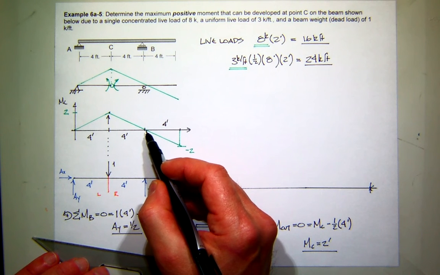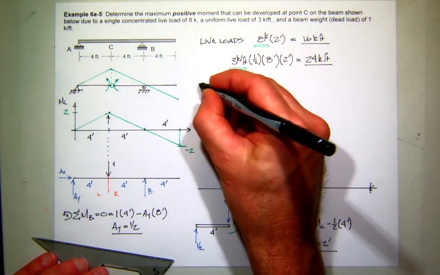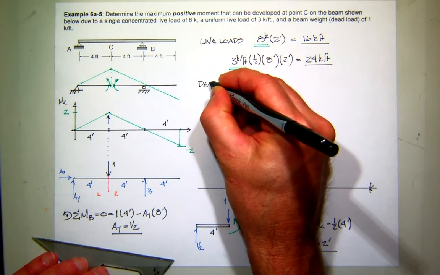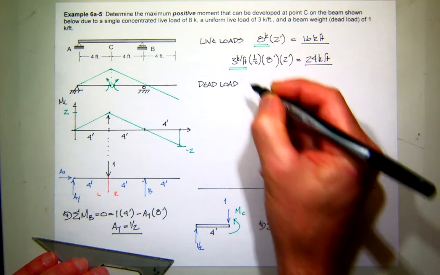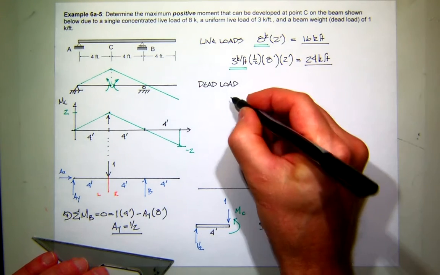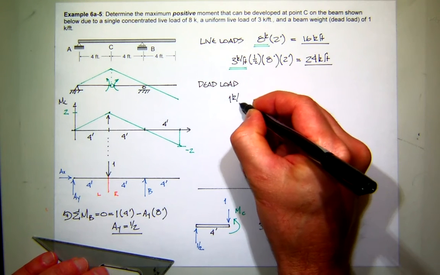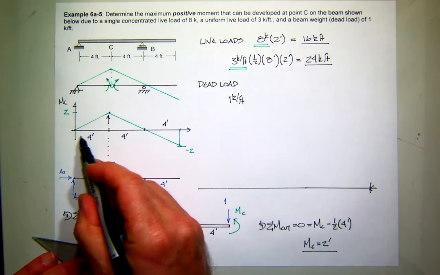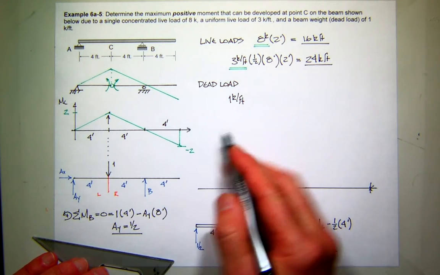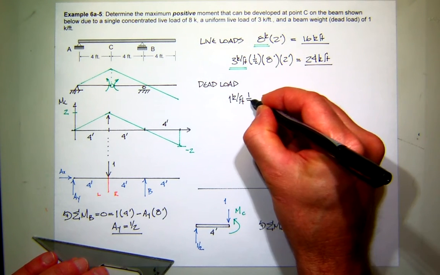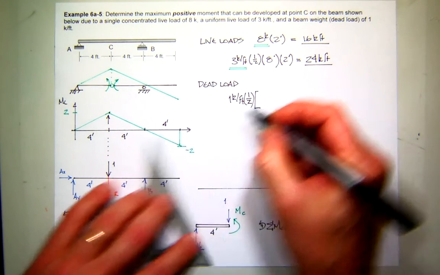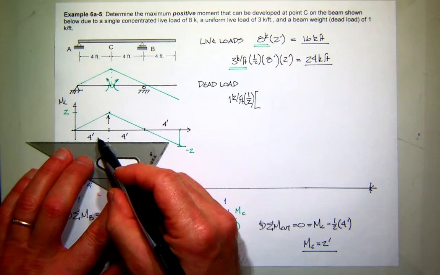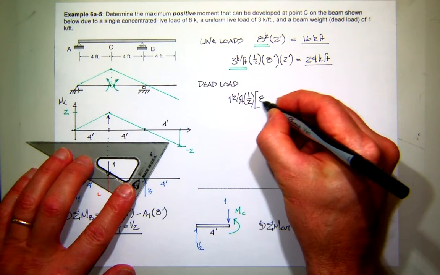So when I do dead load, I don't get to choose. Dead load is everywhere. In this case, dead load is 1 kip per foot. And now I have to take the area of the total curve. They're both triangles, so I'll have my 1/2 factor out front. Starting at the left side, it'll be 1/2 base times height, so that'll be 8 feet times a height of 2 feet.